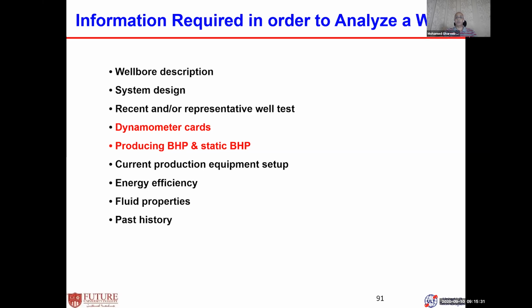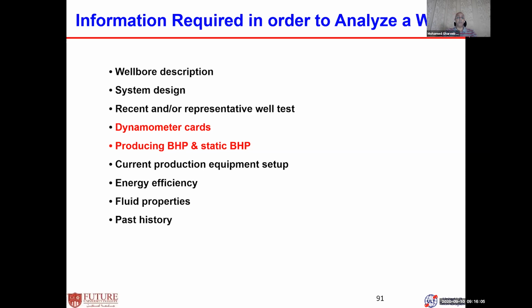Not only that, dynamometer card and dynamometer analysis alone maybe are not enough, but the dynamometer card with measurements of producing bottom hole and static bottom hole pressure. What is my bottom hole pressure, as production or as static? Is there a tool? Yes. From the dynamometer, some people can get a very good estimation with very high accuracy of bottom hole pressure. But meanwhile, there is a tool usually used not only for rod lift, but for some other lift systems.